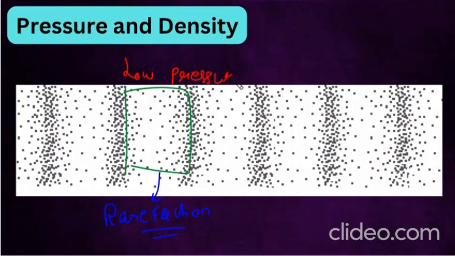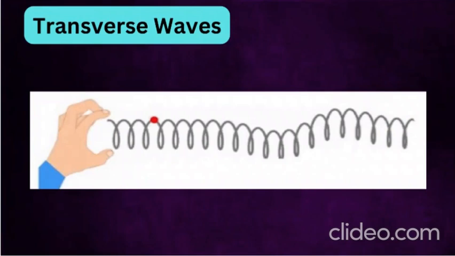Low pressure, and then what about density? There will be low density as well. If pressure is less then density is also less. So low pressure, low density in rarefaction. In compression, high density and high pressure. Those are the two things an object creates. Okay, when an object vibrates, it creates a series of compressions and rarefactions.